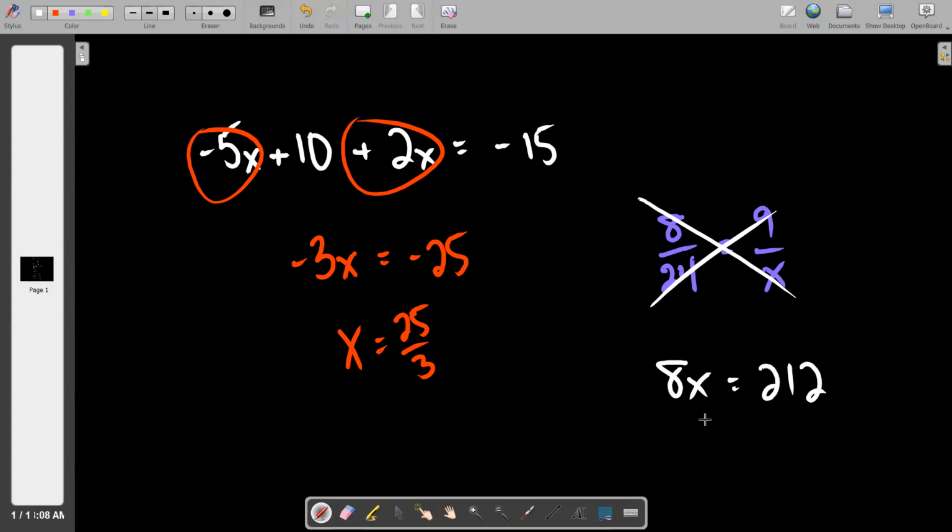And then divide both sides by 8, and you get x equals... Wait, 9 times 24 is not 212. It's 180 plus 36. That's 216. And then you divide, my bad. Oops. And then you divide and you should get, what's that going to be? 27. Okay.